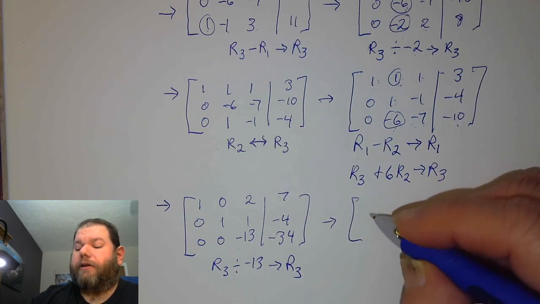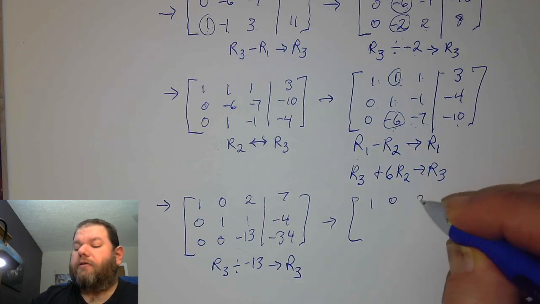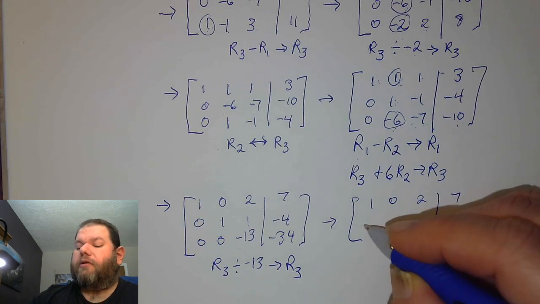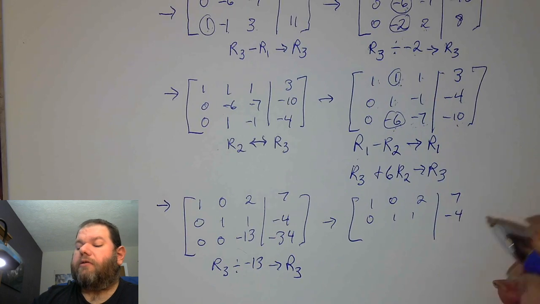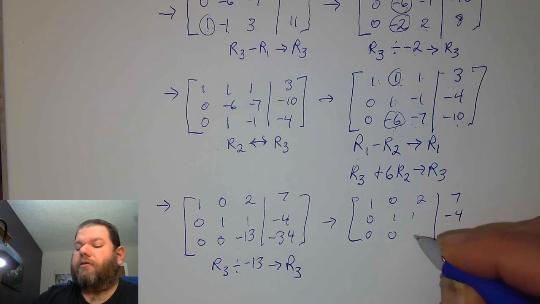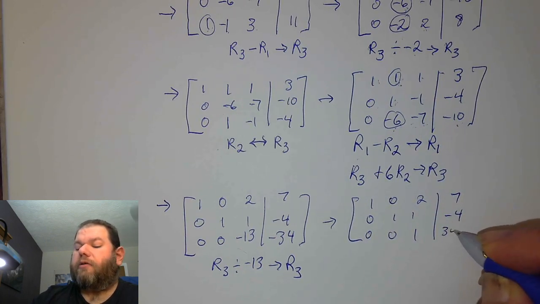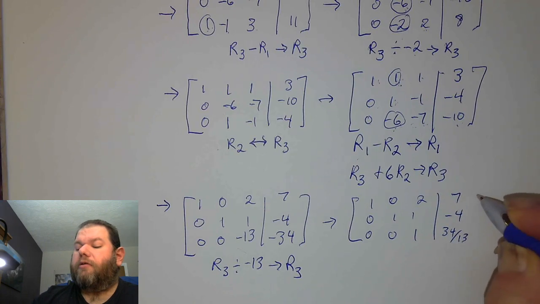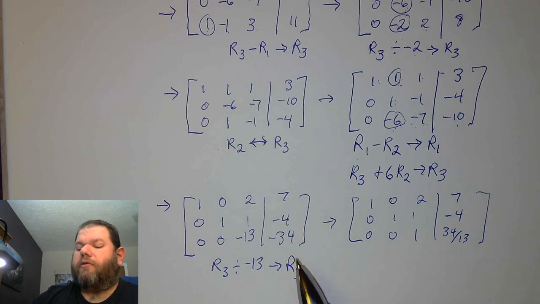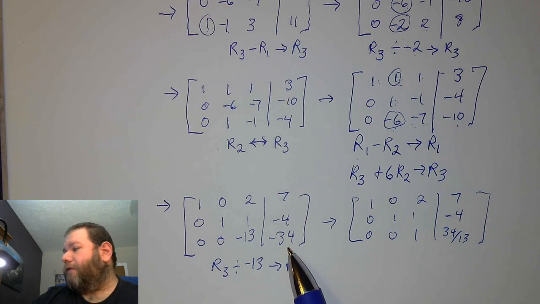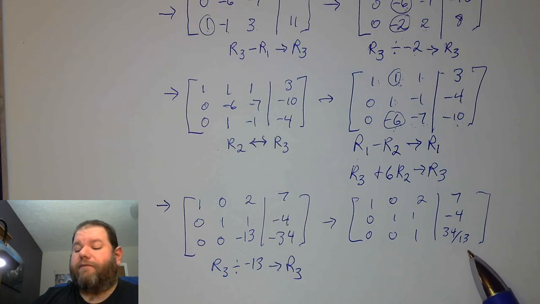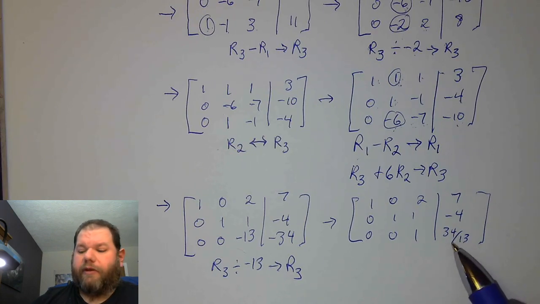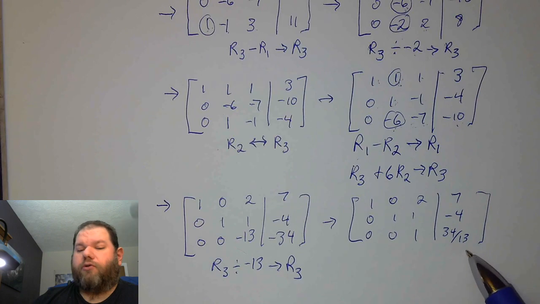So not great. We'll push through as we can. Now, taking negative 34 divided by negative 13, since we have a negative divided by a negative, at least that becomes a positive, but unfortunately it doesn't reduce any further, so I'll leave it as 34 over 13.